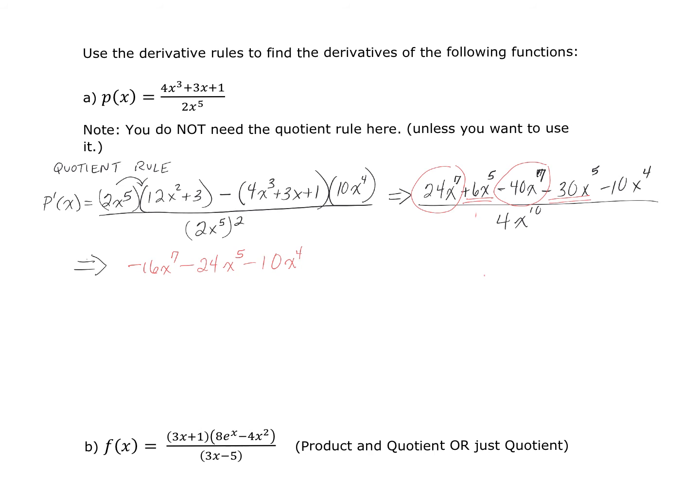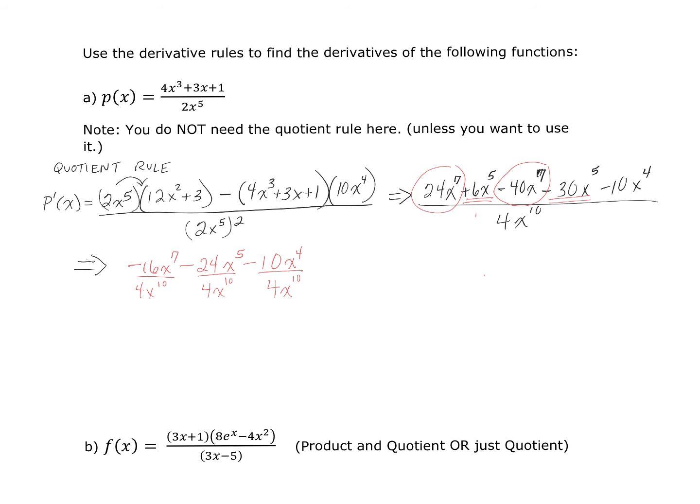And then instead of dividing the whole thing by 4x to the 10th, I'm going to divide each one by 4x to the 10th. So remember, if they have the same denominator, we could add or subtract them and it would look like all over 4x to the 10th. But by the same token, we can simplify it this way.